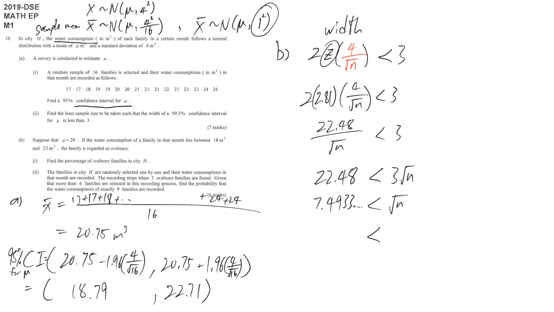So we can square both sides without changing the direction, because n is positive. n is larger than 56.15, which means that the least value, that means least integer, is 57.